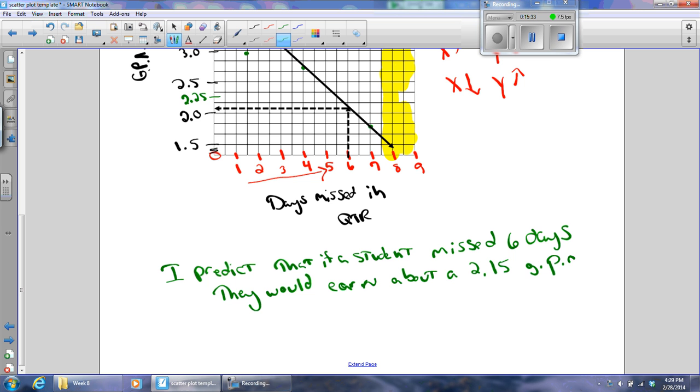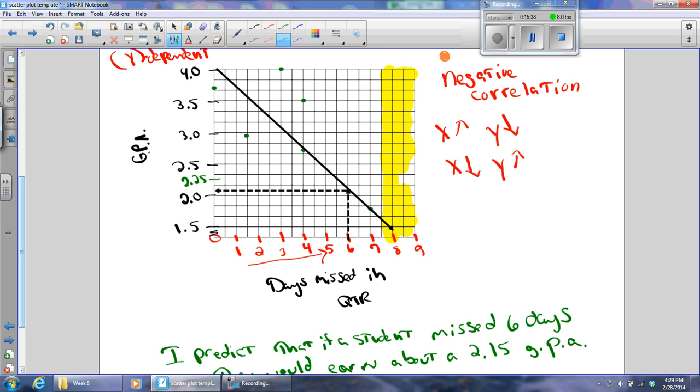Now, if somebody's line of best fit is a little bit different than mine, but they still follow the rules as best they can, especially since this data is not very linear, they might have a different prediction. Okay? By the way, we could predict the other way too.